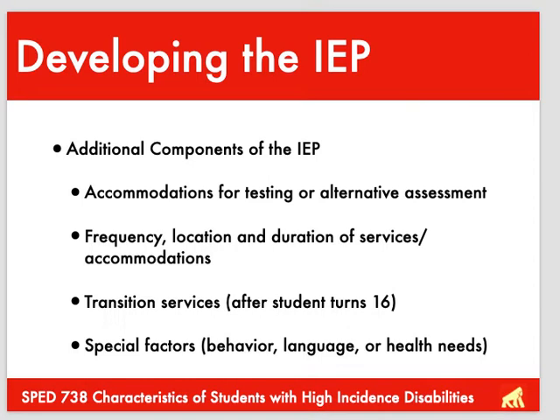And then some additional things that we include in the IEP, and the text talks about this. Accommodations for testing, we always have to identify those for the state assessment in terms of testing or alternative assessment, whichever the student is going to take. We list the frequency, location, and duration of services and accommodations, okay?